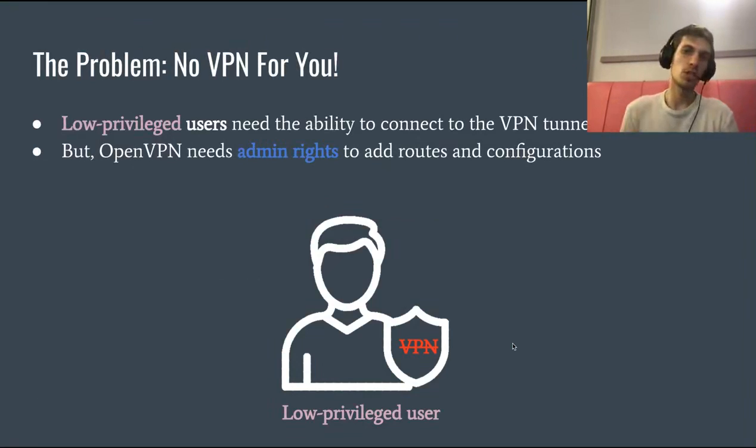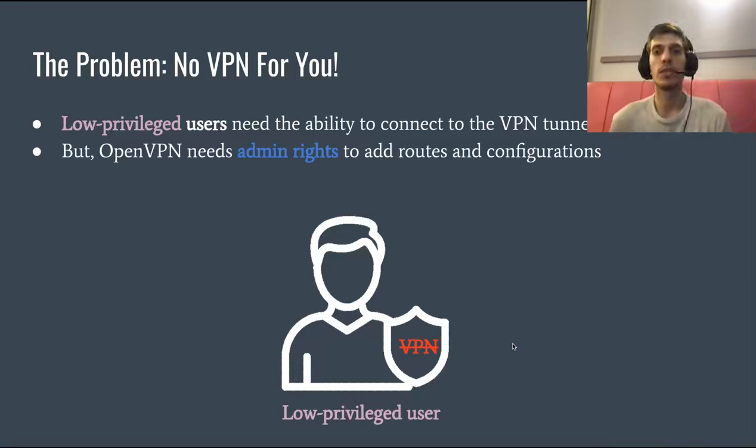For example, Rachel, probably through the organization policy in her domain, is defined as a low privileged user. So even if her computer somehow gets infected by malware, the malware will have no admin rights. But OpenVPN needs admin rights to add routes and configurations and to configure the virtual network interface and other configuration needed.